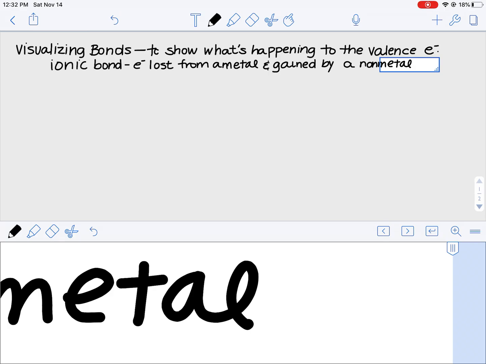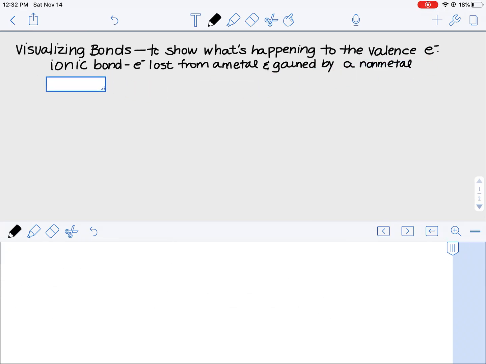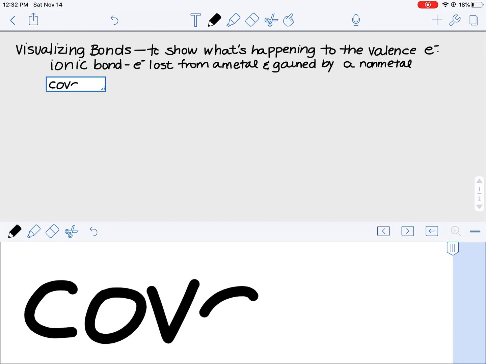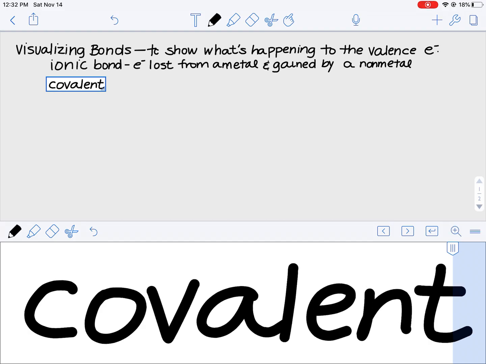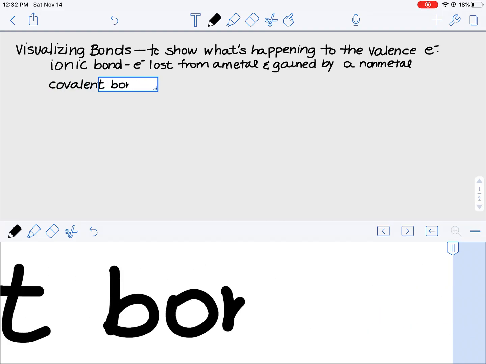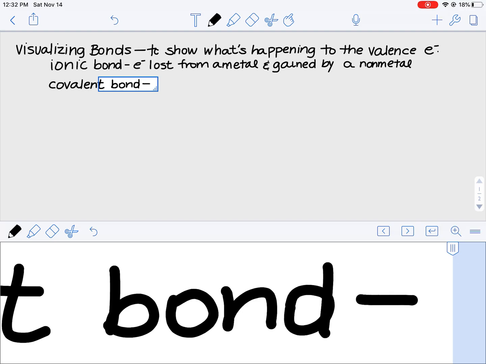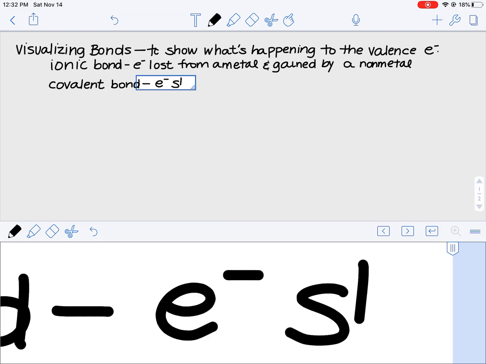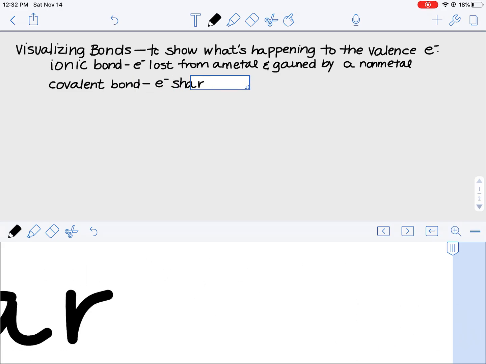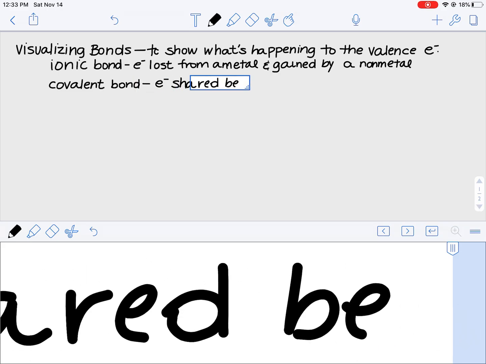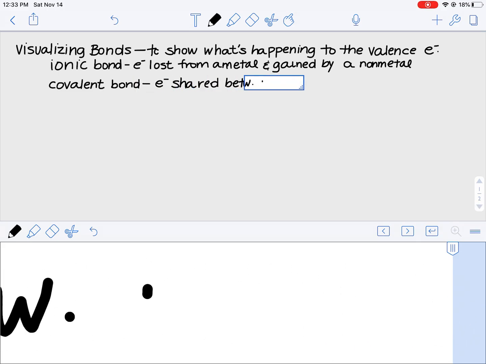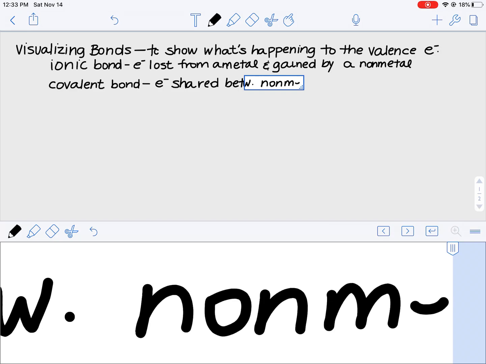We need to show that losing and gaining. That's what we mean by visualizing bonds. And in a covalent bond, we have to show that the valence electrons are shared between atoms of nonmetals.